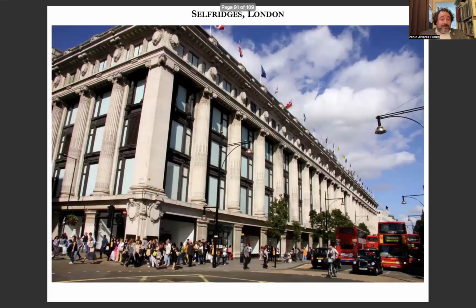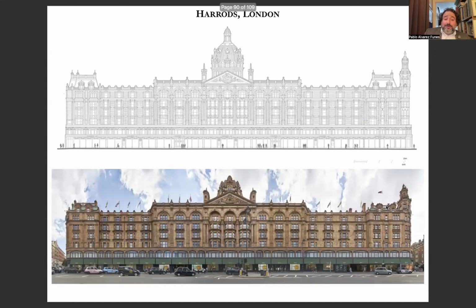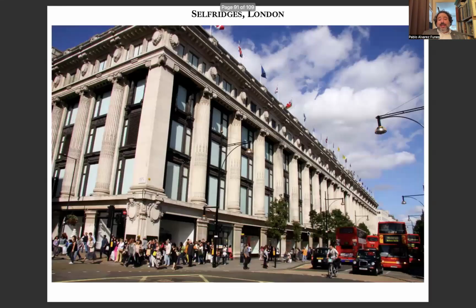But as opposed to that, I like to bring Selfridges again in London. This is much later, from 1909, 1910, and this is a beautiful neoclassical building. As you could compare with Harrods, where the windows are a small building size, here we have completely forgotten about anything that is not a window.